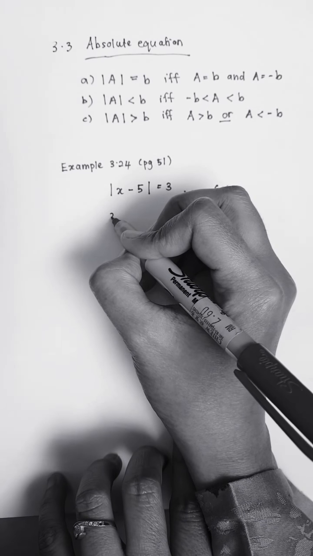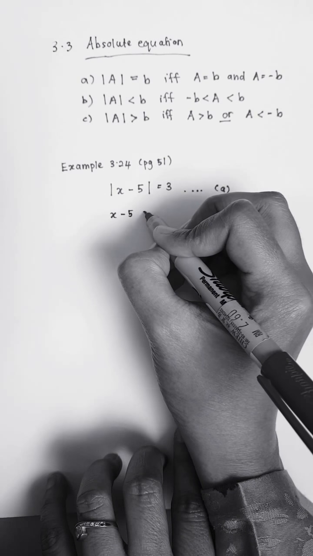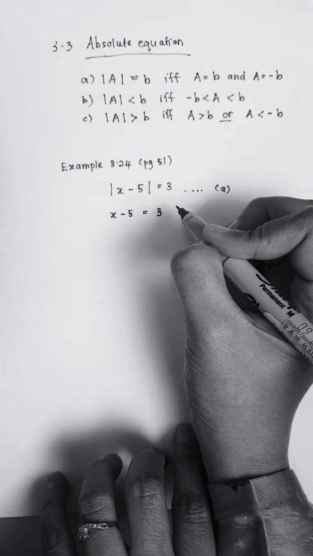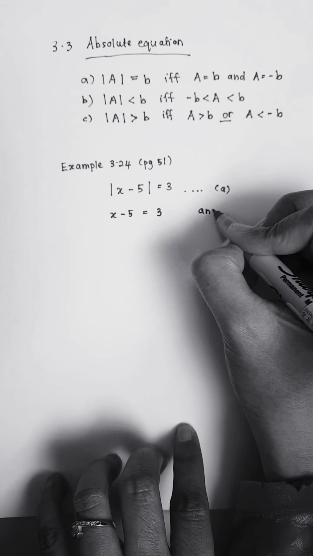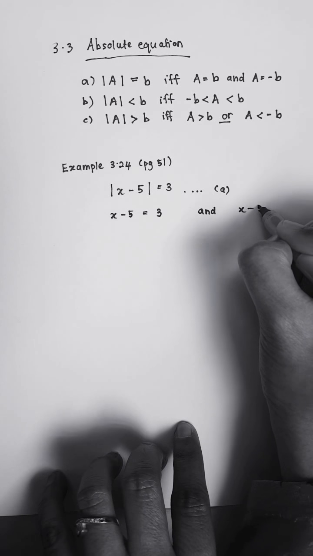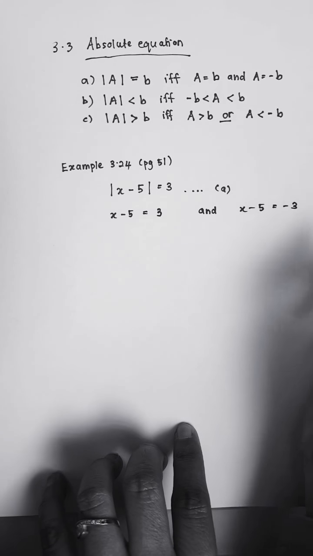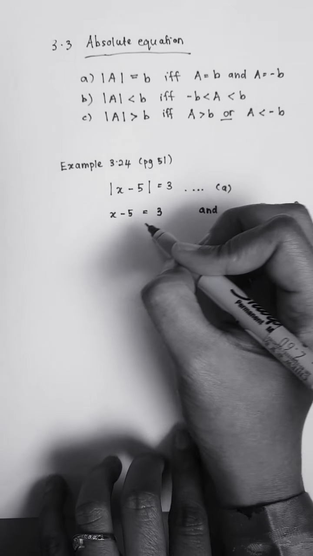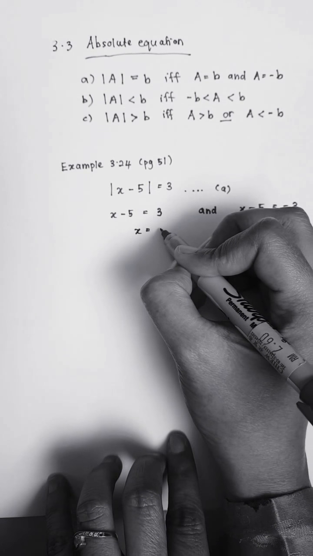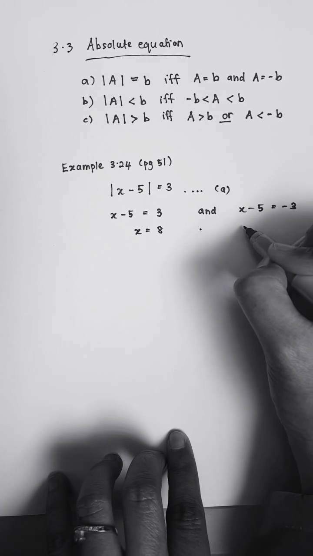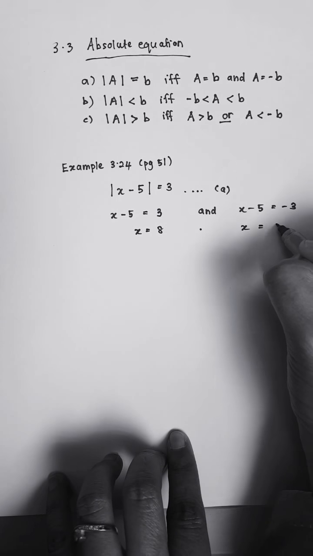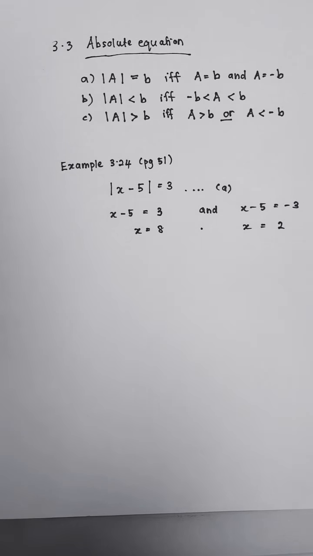We get x minus 5 equal to positive 3 and x minus 5 equal to negative 3. Then you simplify, you get x equal to 8 and x equal to 2. So the equation has two solutions, x equal to 8 and x equal to 2.